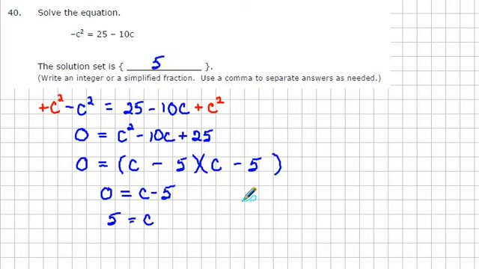Now it is good to check and make sure that the solution actually satisfies the original equation. So let's do a check. If we check, we have our original equation minus c squared, so we want to substitute 5 for each c in the equation.